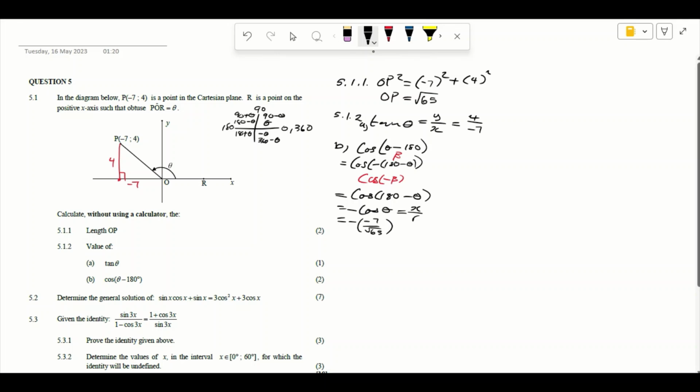So now we have the ratio cos theta minus 180 is going to be 7 over root 65. So very simple there, nothing that can shake us. So that is it basically. Let's move on to the next question.